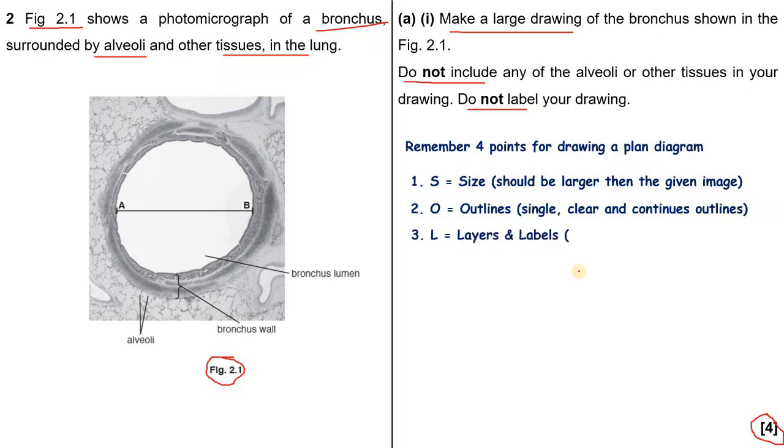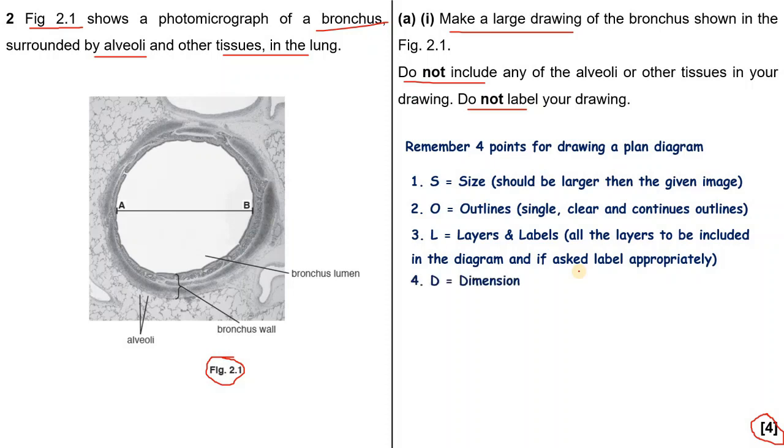Point number 3, the layers and labels have to be taken care of. Now here in this question, it has already been mentioned that you do not need to label your drawing, but all the layers which are present in the image should be included in your plan diagram. And last, the dimensions.